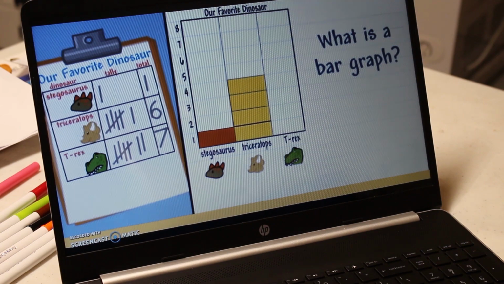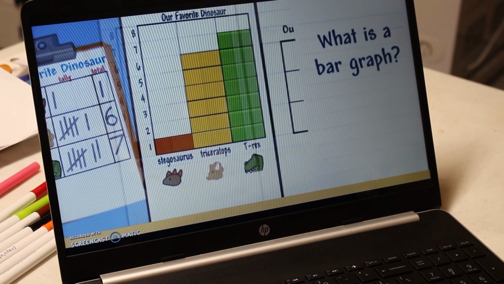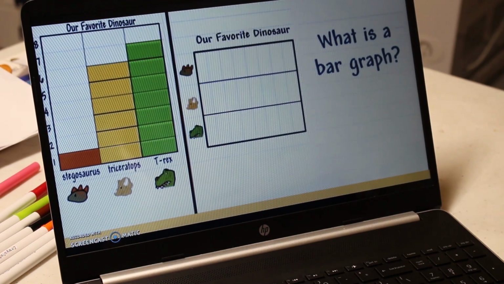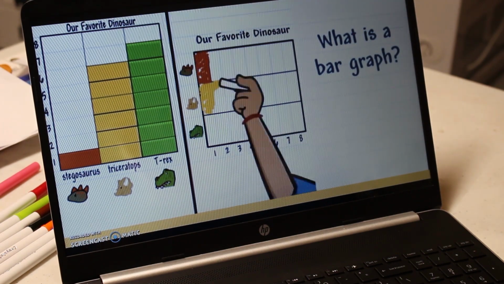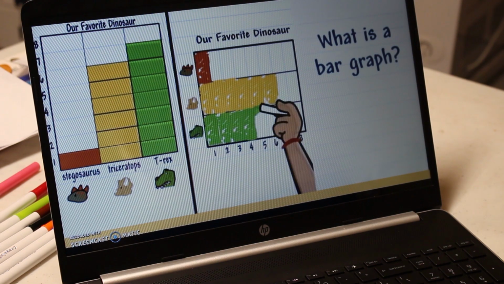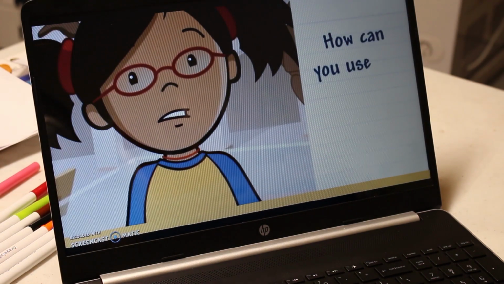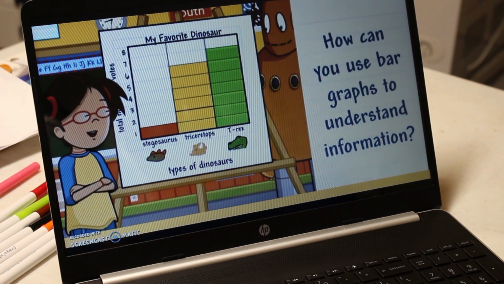So I color in 6 squares. 7 people said the T-Rex was their favorite dinosaur. You can also put the categories on the left and the numbers on the bottom. You can display the same information in a different way so you can understand it better. How can you use bar graphs to understand information? Bar graphs help you answer questions.